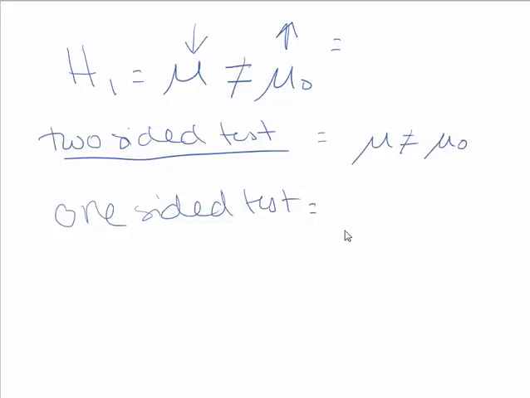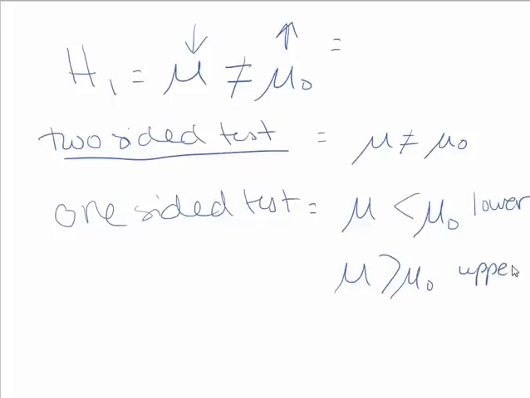And so our first one is where the mean is less than mu naught, and we call that our lower one-sided. And the second option is when the mean is greater than mu naught, and this is an upper one-sided test. So depending on what I want to know about my data will determine what type of test to use.